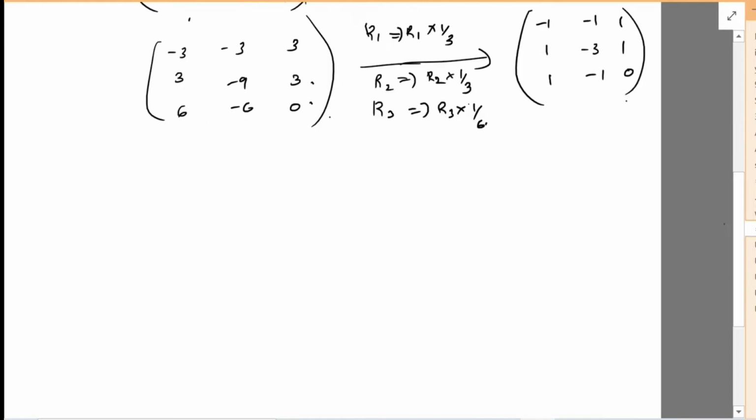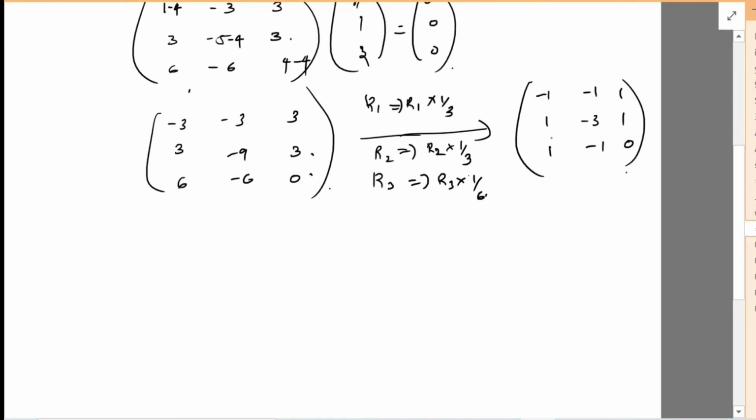So now we can reduce this into echelon form. R2 changes to R2 minus R1, and R3 changes to R3 plus R1.